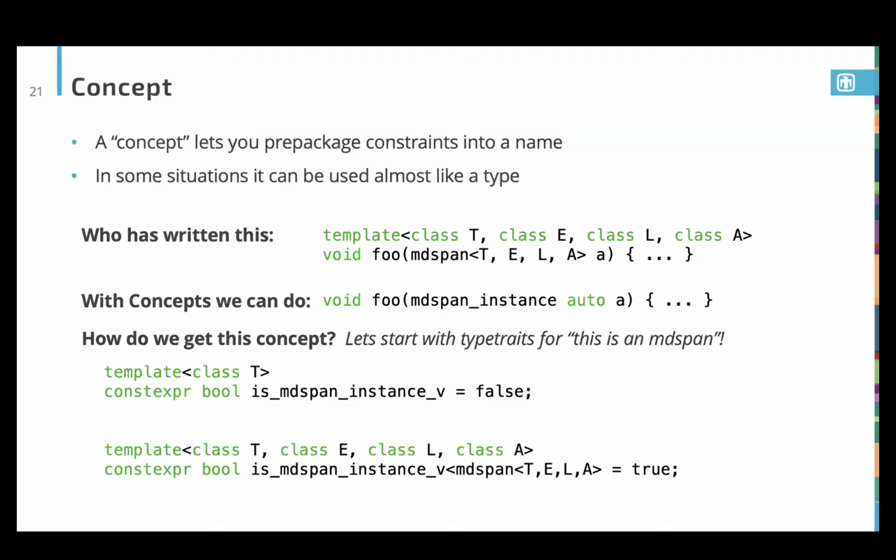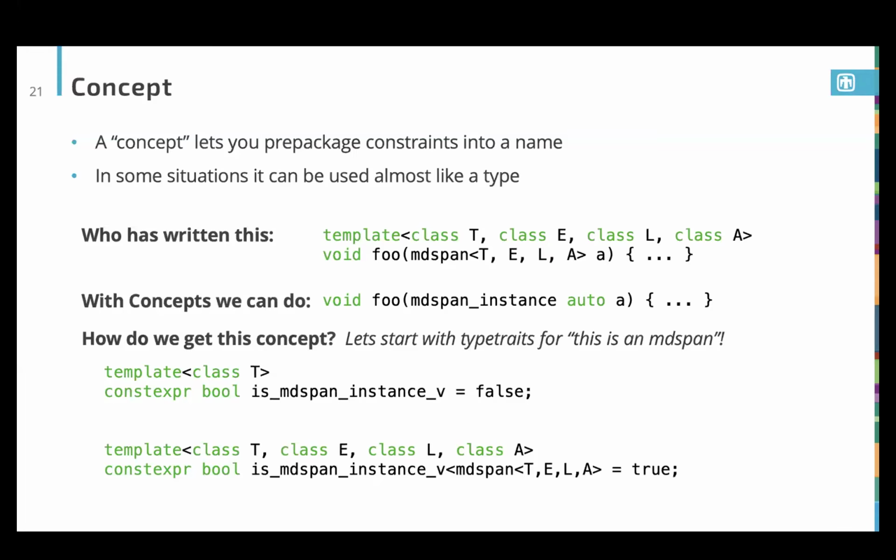With concepts, we can do something where we essentially say that what you take is an mdspan instance. That's the concept. And A needs to be an mdspan or fulfill that concept in order for that function overload to be considered. How do we get to that? We start with essentially type traits, right?